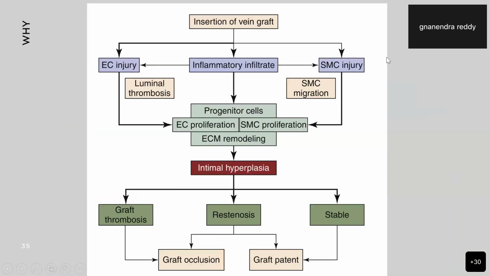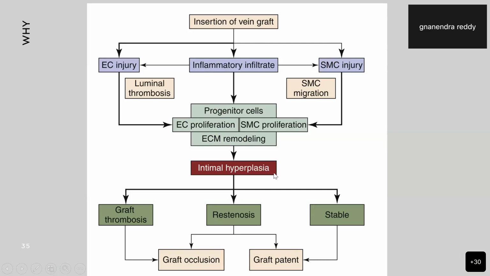Now, insertion of a vein graft. Following the vein graft insertion, there can be endothelial cell injury, which leads to an inflammatory reaction and inflammatory cell infiltrate, and also smooth muscle cell injury. Combined, this leads to progenitor cell activation, endothelial cell proliferation and smooth muscle cell proliferation, which finally culminates in intimal hyperplasia.